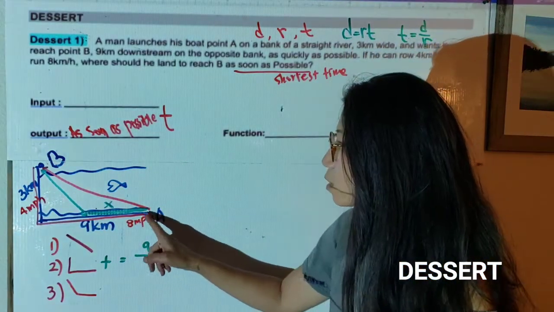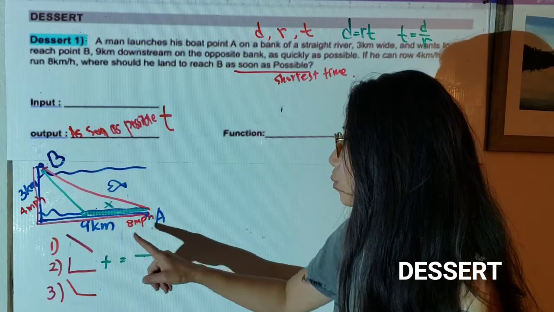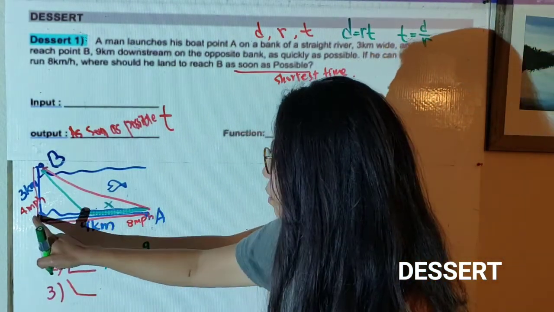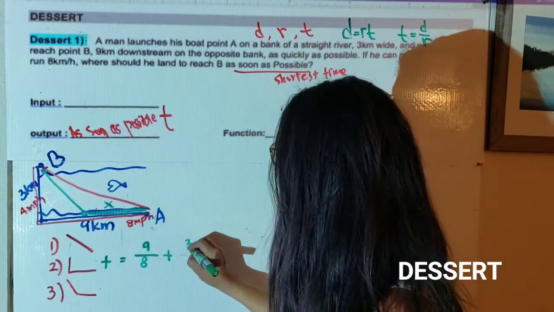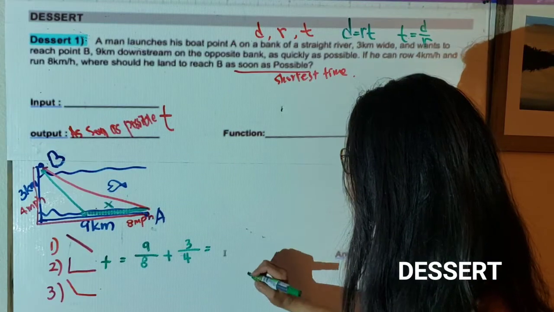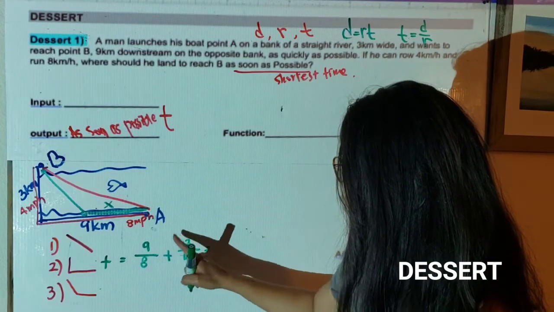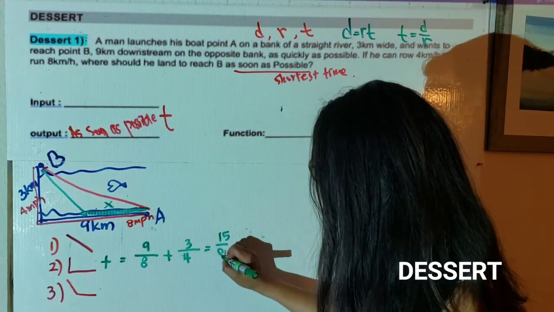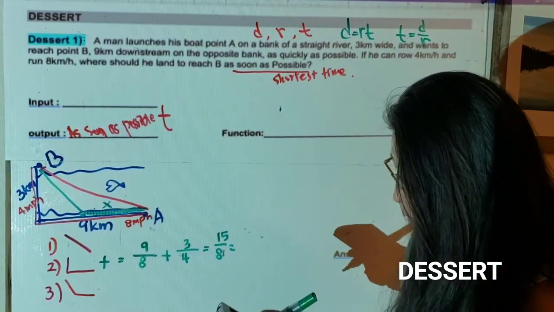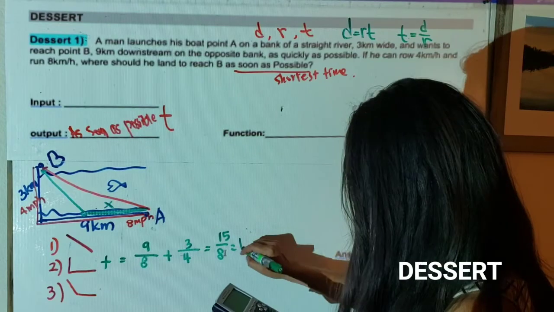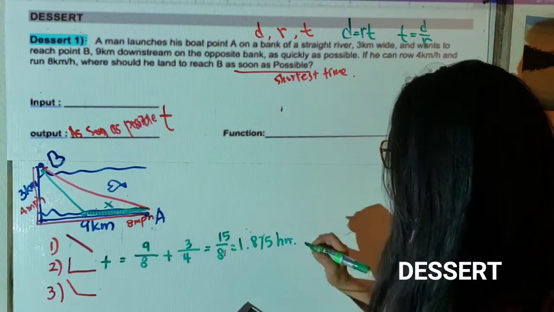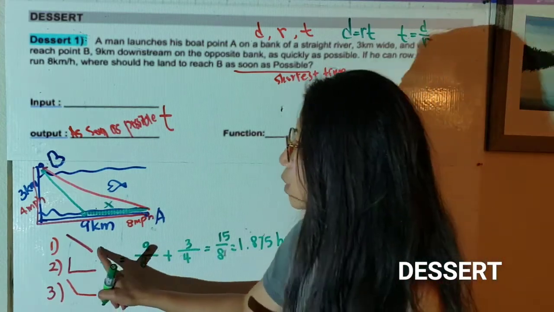So the time he runs here is 9 over 8, plus now he has to go 3 kilometers at speed 4. If I add these, that's 15 over 8, which gives about 1.875 hours to get there.